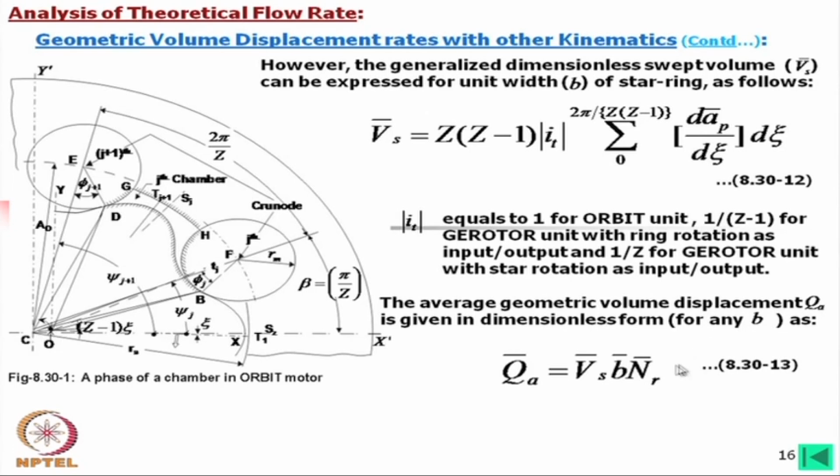So, once we calculate this, we simply multiply with the width factor, because this is for the unit volume, unit width. So, we have to multiply here with B and then the rotational speed.